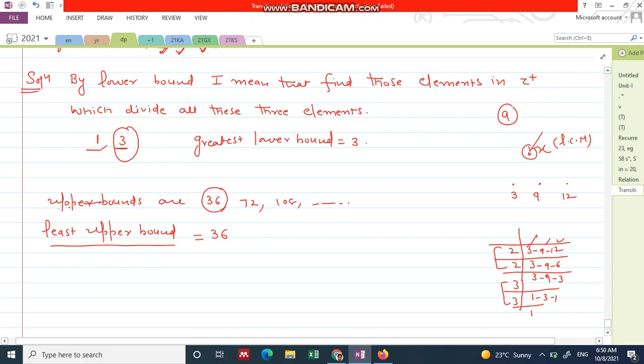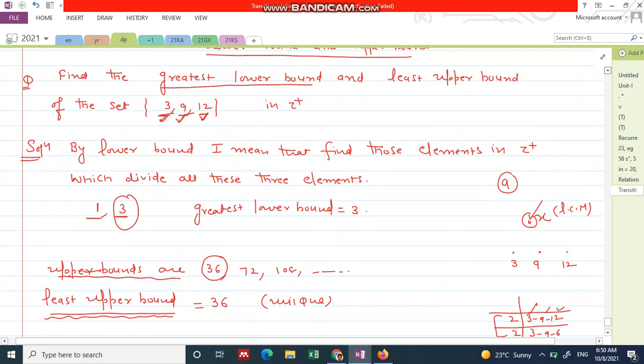There can be many upper bounds, but the least upper bound, whenever it exists, is always unique. Sorry, there can be many lower bounds, but the greatest lower bound is also unique.